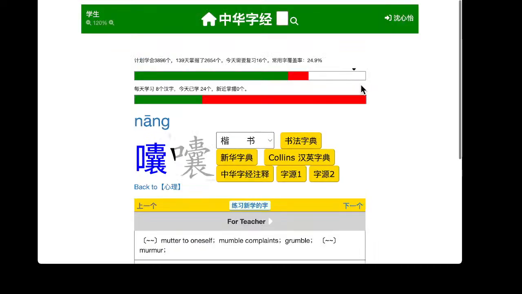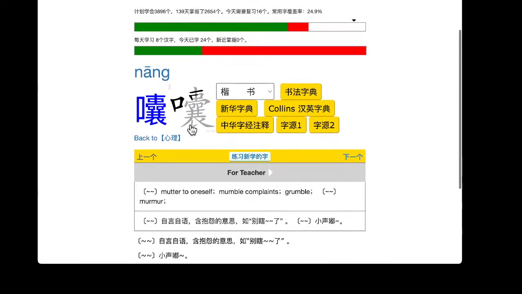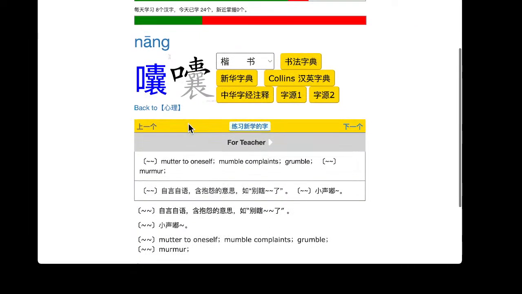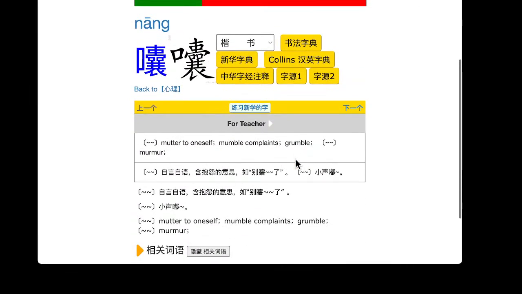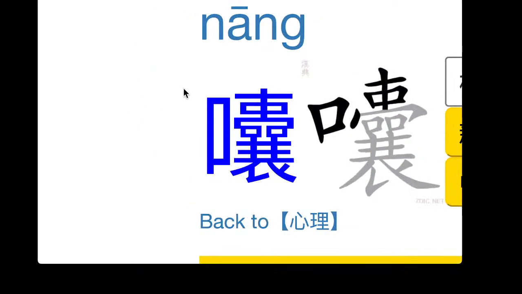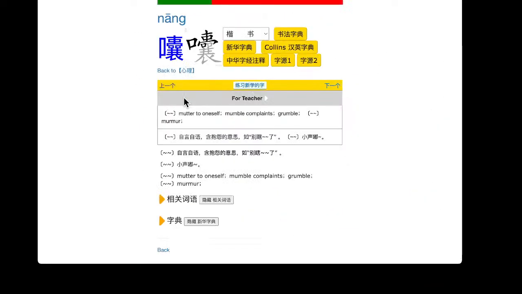All right, next one, 囔. 囔 means mutter to oneself, or mumble complaints, grumble, or murmur. 嘟囔. You don't use this character alone. 囔 means to murmur quietly.